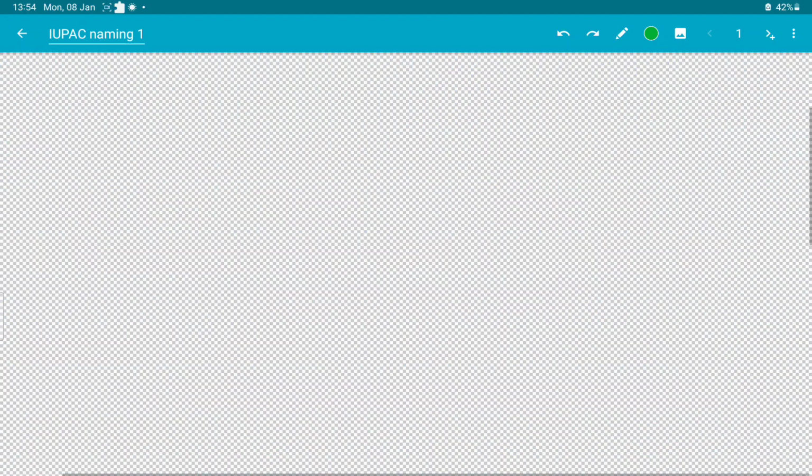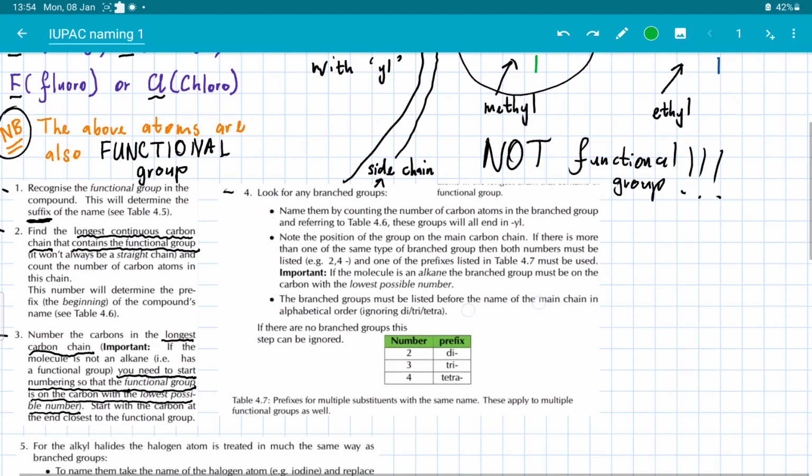Important: if the molecule is an alkane, the branched alkyl group must be on the carbon with the lowest possible number. Again, we're still applying the lowest possible number.